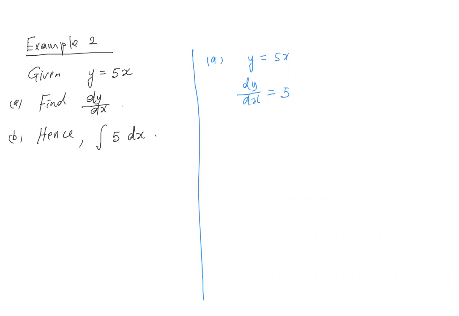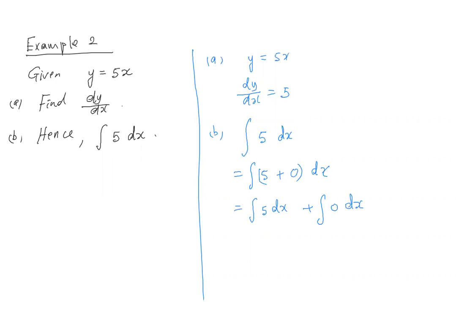Am I right? So therefore, part B, if I want to integrate 5 dx, why must I put a plus c there? Because any number given to you, if I write this as plus 0 dx, can or not? Anything you plus 0, it doesn't change, am I right? So when you have plus and minus for integration, you can split. So what is the value of this constant? We won't know for this case.